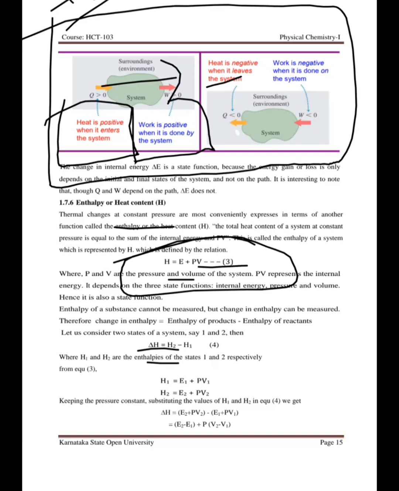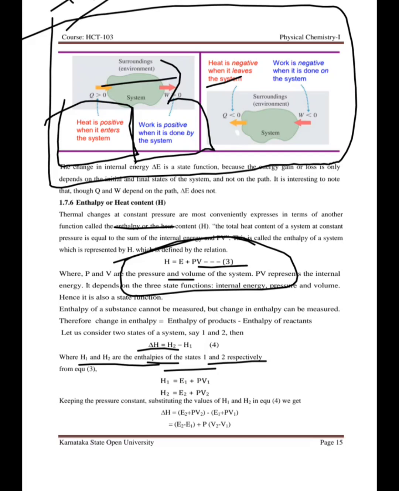So to calculate it, you subtract the enthalpy of the first system from the second system. This is what is given in equation 4. H1 and H2 are the enthalpies of system 1 and 2 respectively.